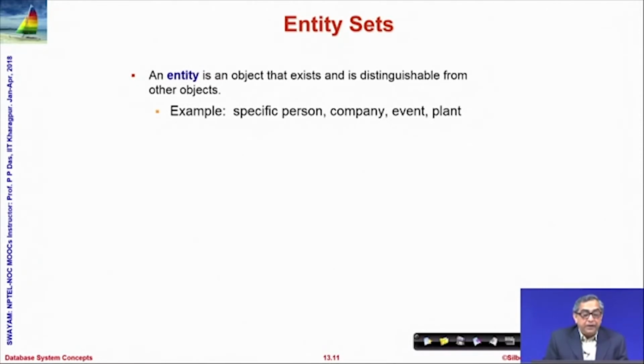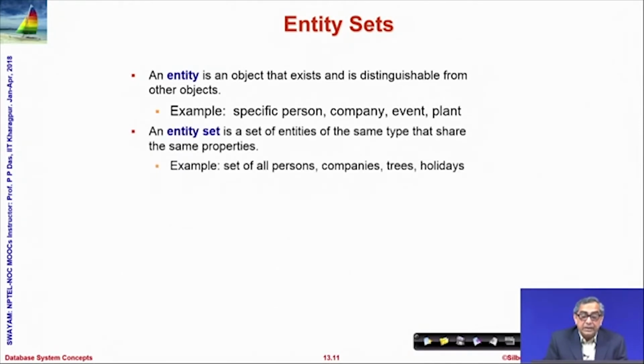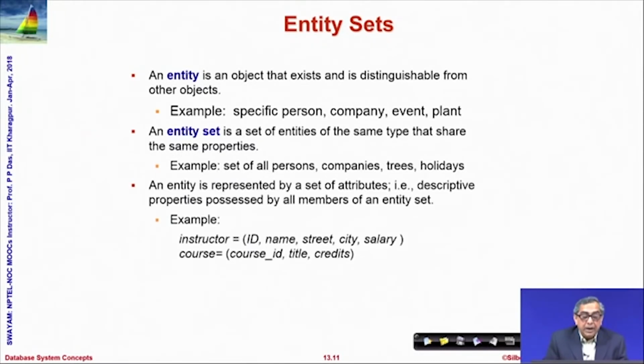So, as already defined, entity is an object that exists and is distinguishable from other objects. Entity set is a set of entities of the same type that share the same properties, and an entity is represented by the set of attributes or properties that describe it. So, when we say instructor, for example, if we say here these are my attributes, you have already learned this in terms of studying SQL.